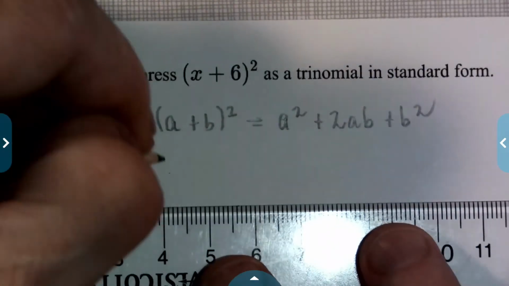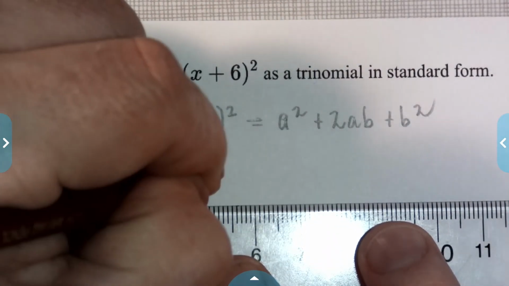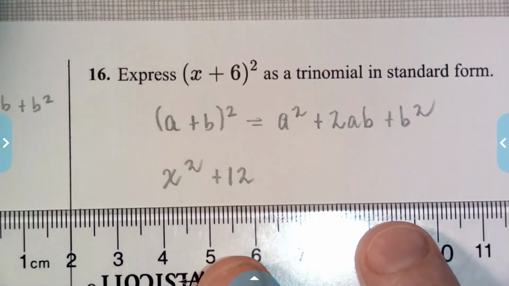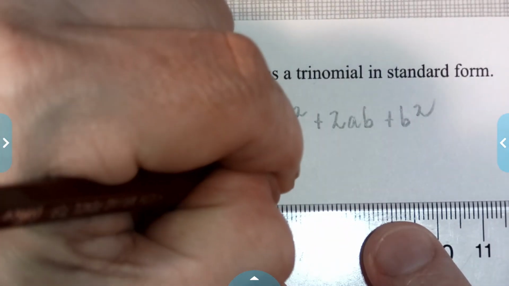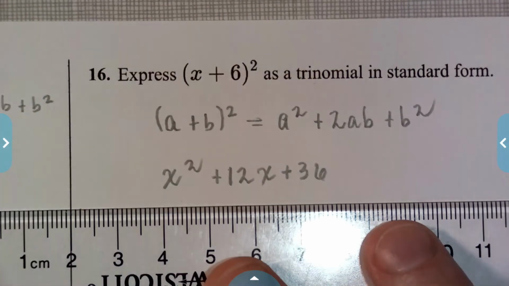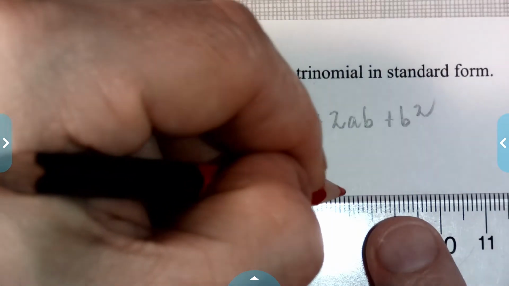Okay, so let's do this. We got x squared plus 12x, that would be 2 times x times 6, plus 36. 6 times 6. Awesome.